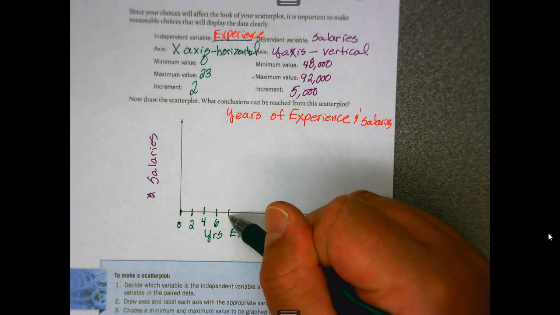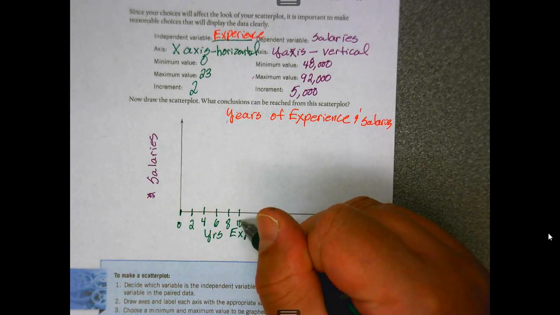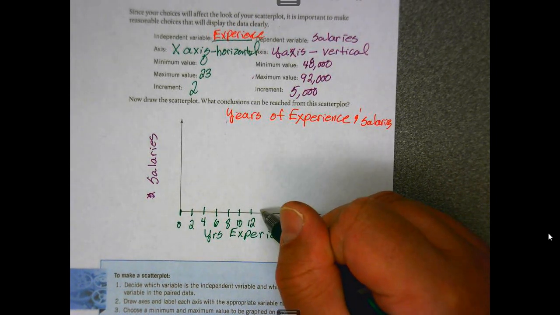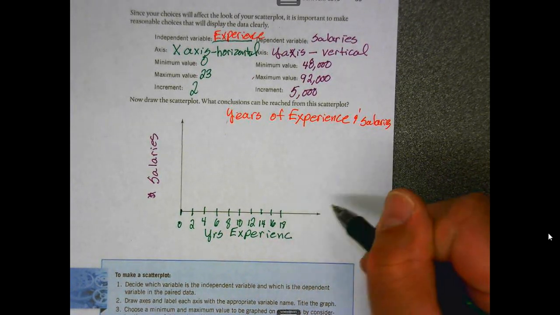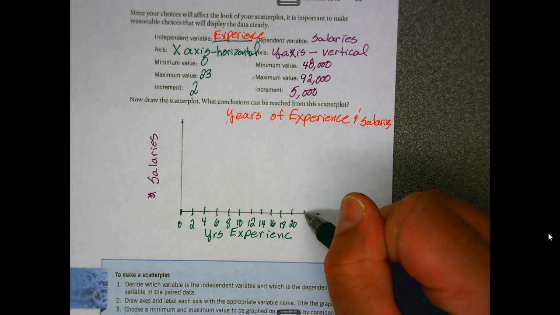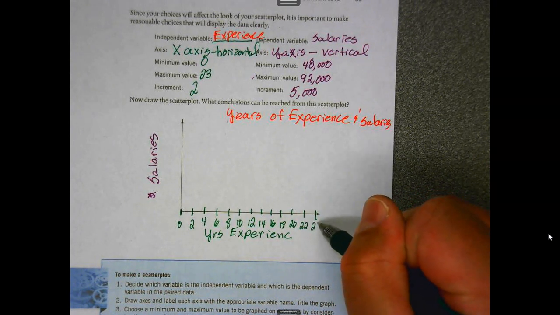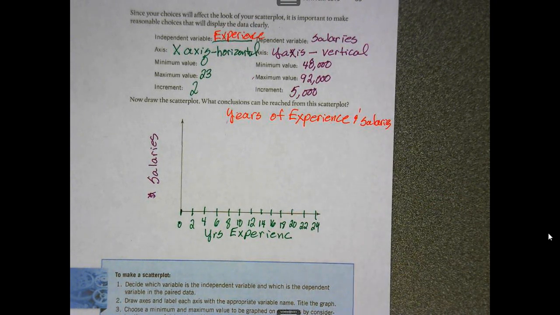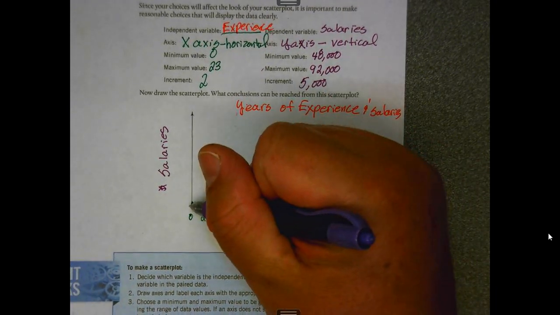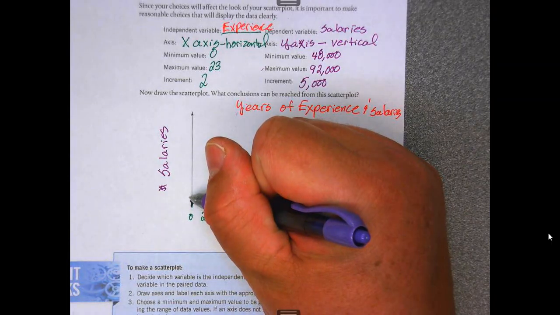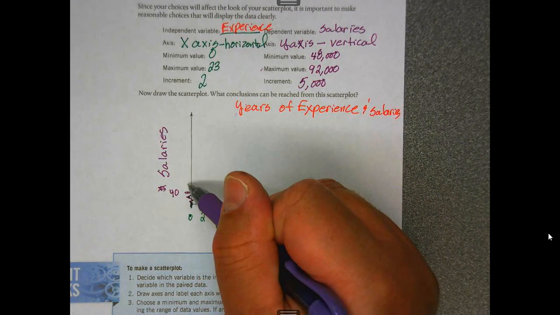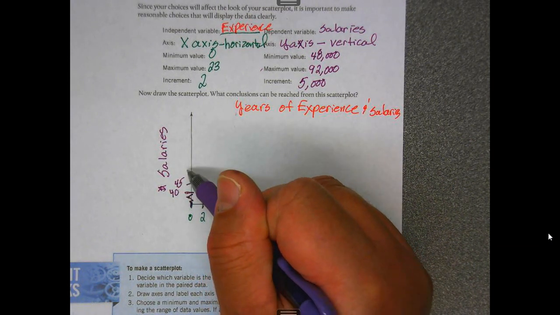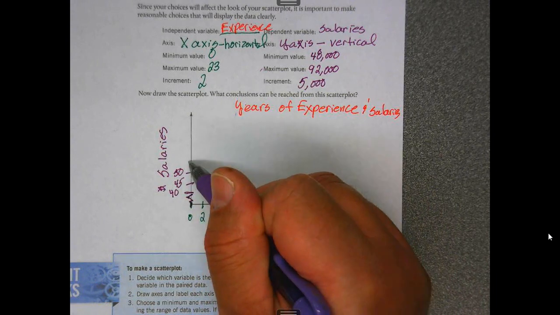And my salaries here, well, I'm going to do that break thing here. And I'm going to start at 40,000, 45, 50, increments of 5,000, 55, 60, 65, 70, 75, 80, 85, and 90.